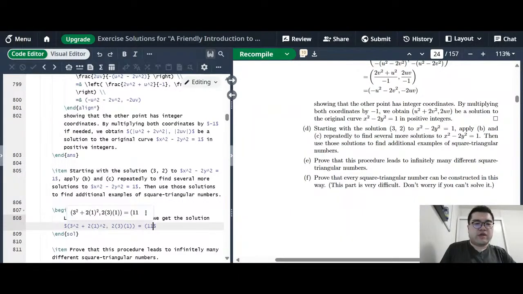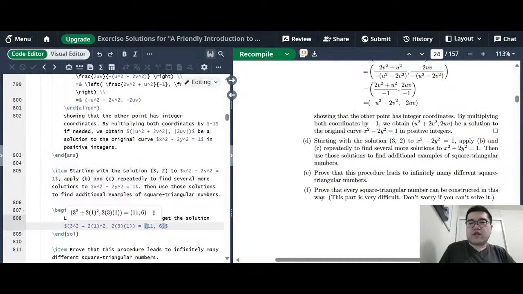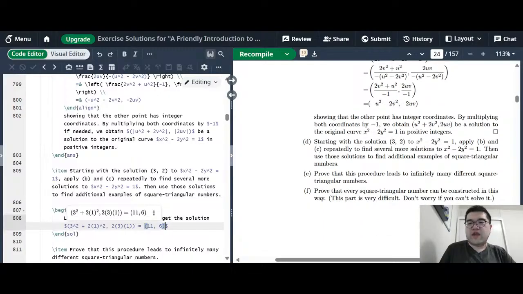So we get 11 for the x coordinate, and for the y coordinate we get 6. And of course, we should double check our work. Is that going to work? Well, let's see. If we throw that in, x squared is 121 minus 2y squared, which does not work. So it's not always working. We need to be very careful when we do the calculations. In this case, it doesn't work.